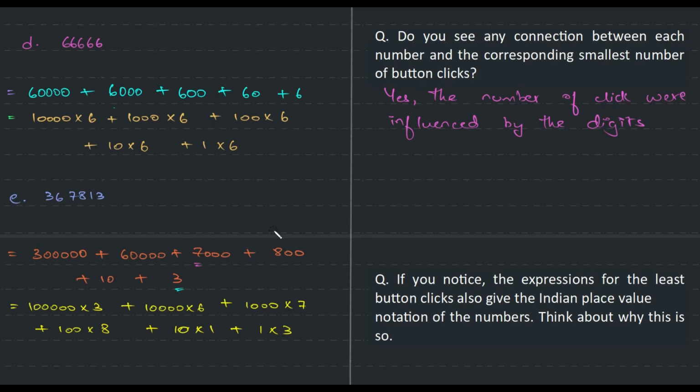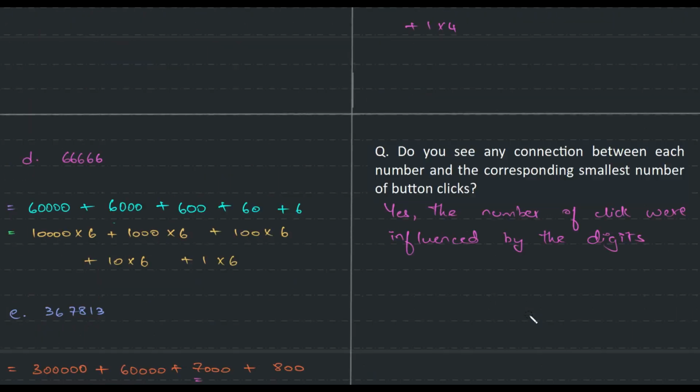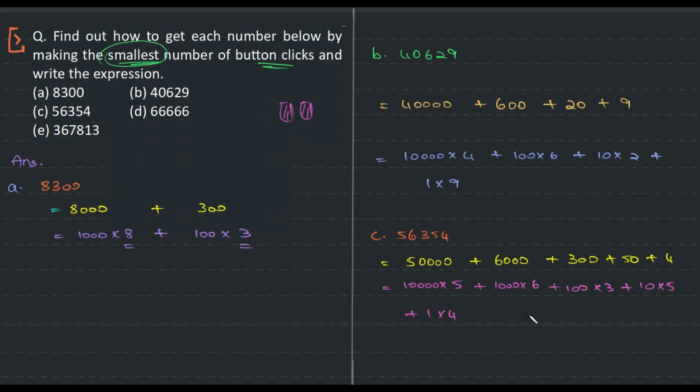So yes, it did. Did you notice the expression for the least button clicks also gives the Indian place value notation of the numbers? Think about why this is so. Okay, Indian place value notation we'll be studying in detail now. But yeah, this is the entire funda.